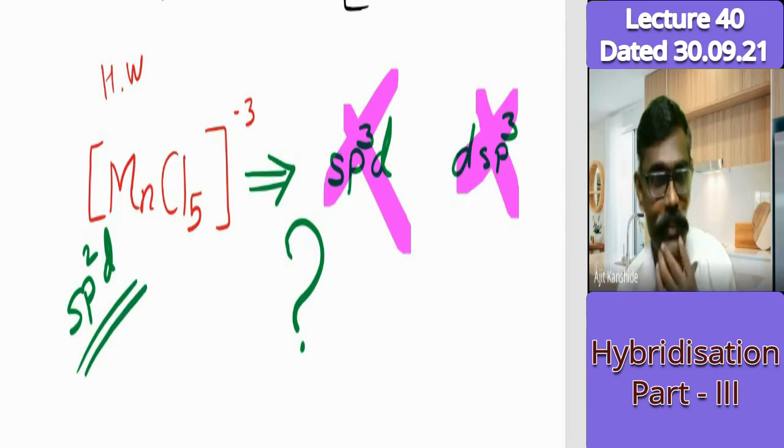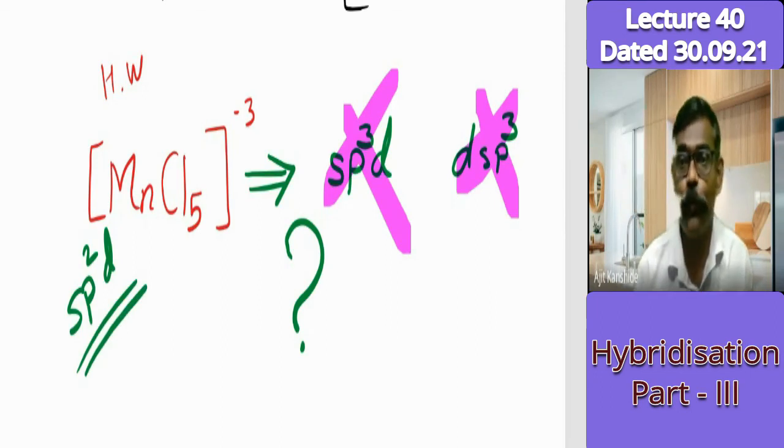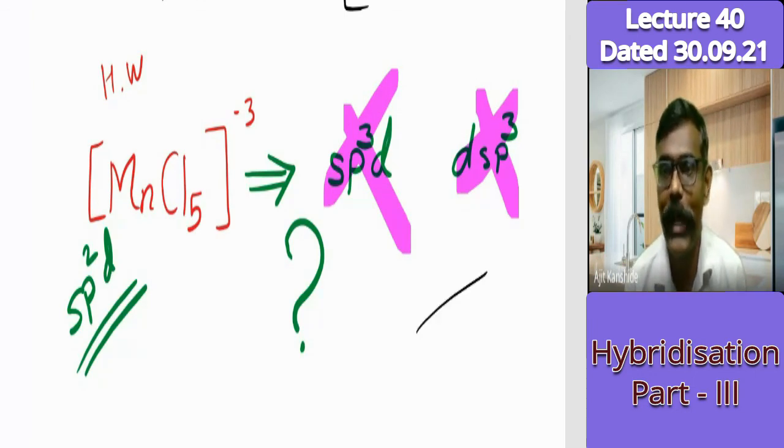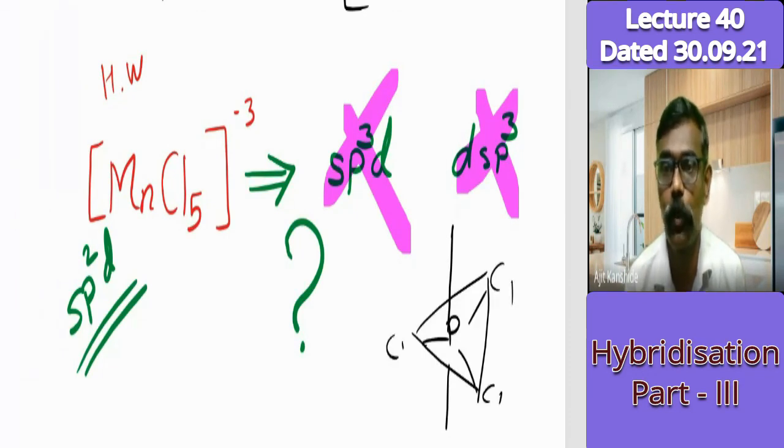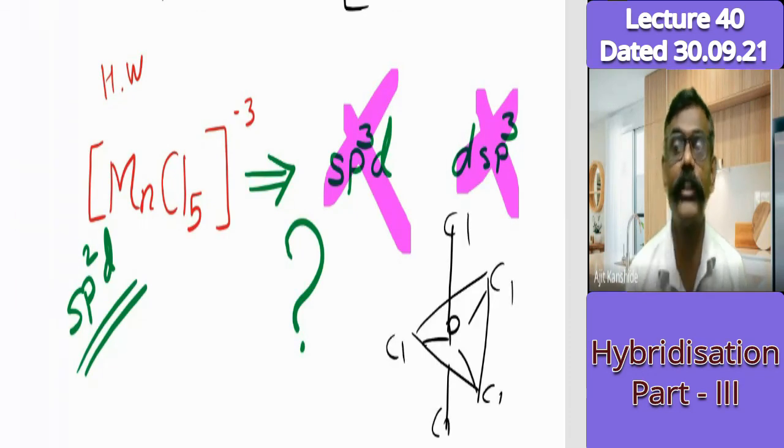Here an interesting hybridization is there, which will be preferred. If you consider 5 bonds, then generally you consider a trigonal bipyramidal arrangement, with trigonal planar, one upside and one downside, like phosphorus with five chlorine bonds.